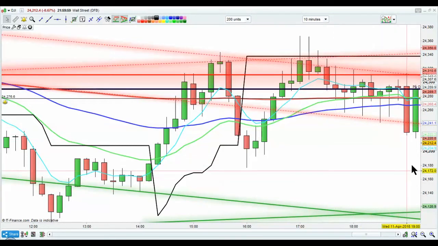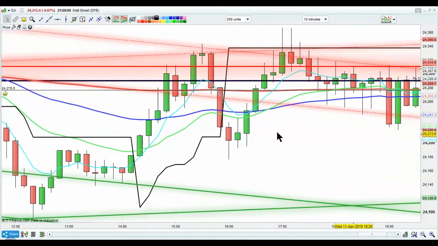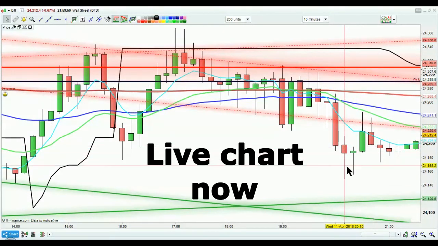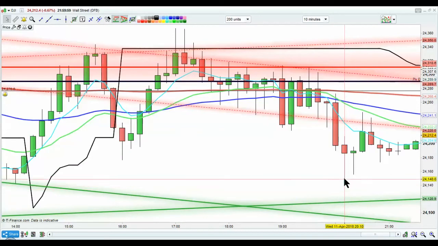So you can see here, this was this 7 o'clock candle on the 10-minute chart. Let's show you. So this is 8:10. There you go, 8:10 comes all the way down. Look at the price there. The low it got to was 24,150.